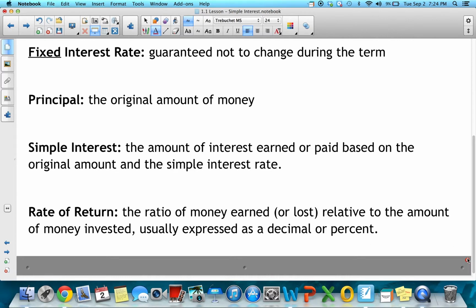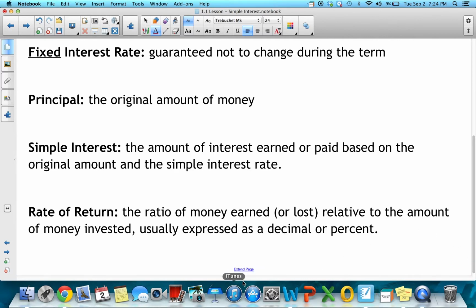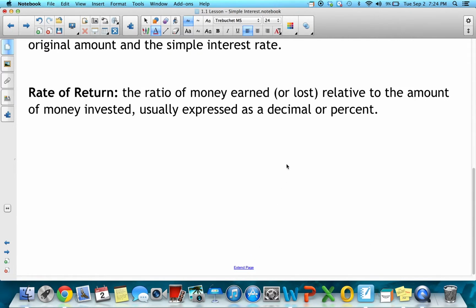Lastly, the rate of return is the ratio of money earned, or again, the ratio of money lost relative to the amount of money invested. It's usually expressed as a decimal or percent. Underneath here, I'd like you to put the rate of return, and we're going to write it as a ratio.